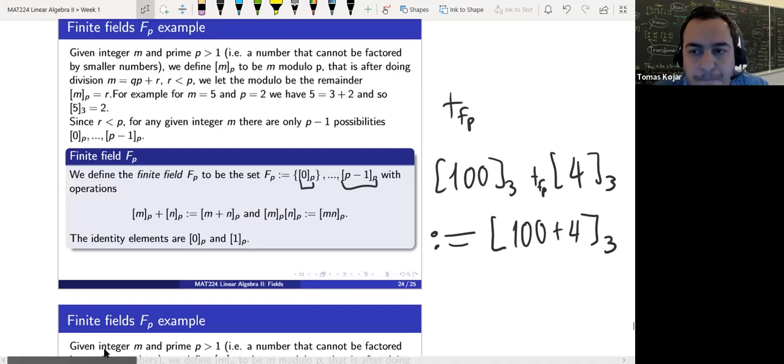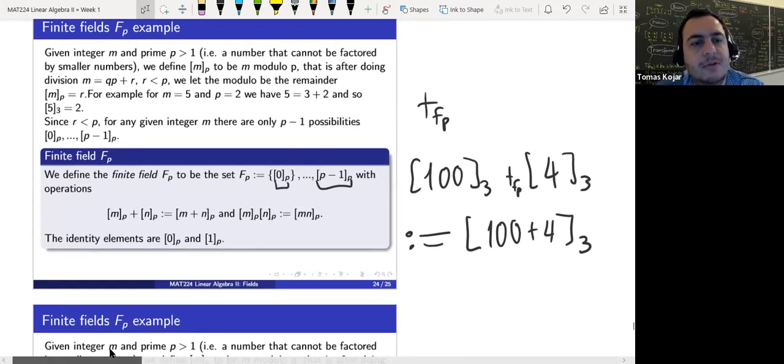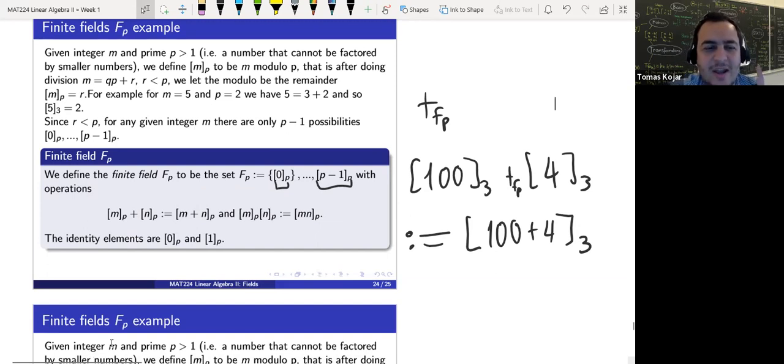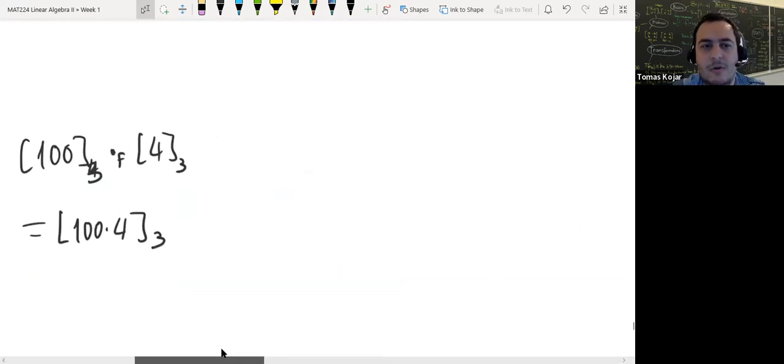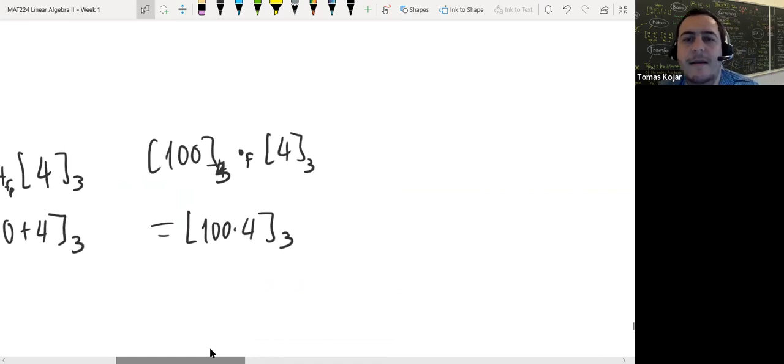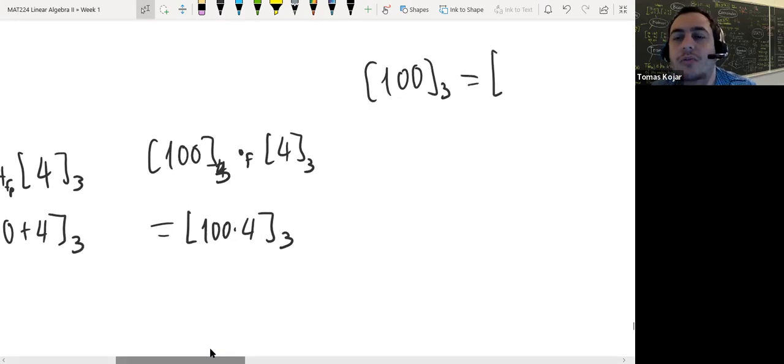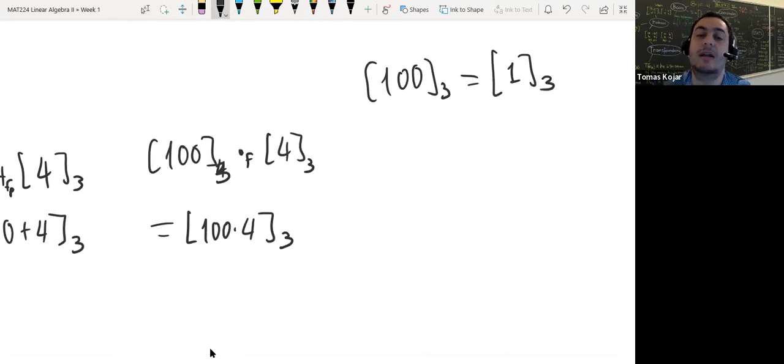So this is a very confusing notation. These are equivalence classes. Exactly like you said, 100 mod 3 is equal to 1 mod 3.